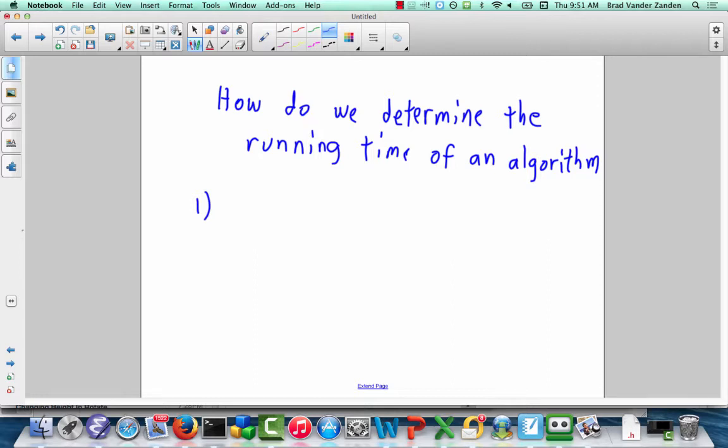What are some factors that might affect it? I tell you that all I did was insert some number of keys into the tree and I timed it and it took 10 seconds. How many times were you able to insert in those 10 seconds? So in this case, if I was doing an insert, it would be how many inserts I performed.